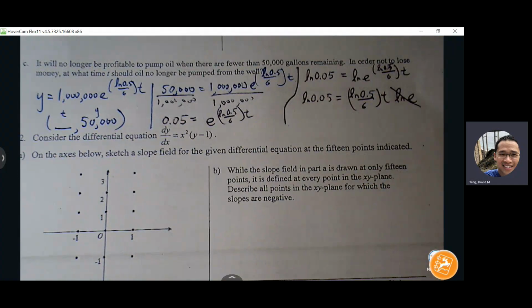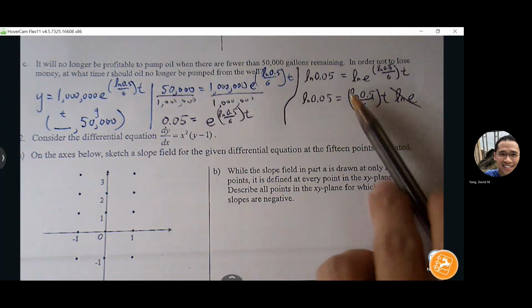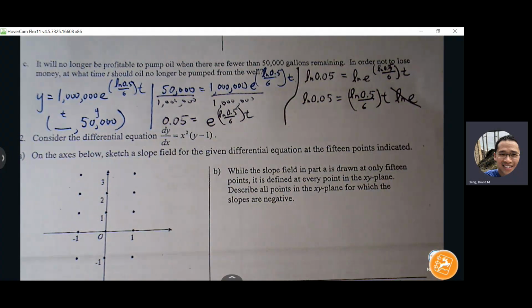I can just divide both sides by this fraction. Natural log 0.05 divided by natural log 0.5 divided by 6.